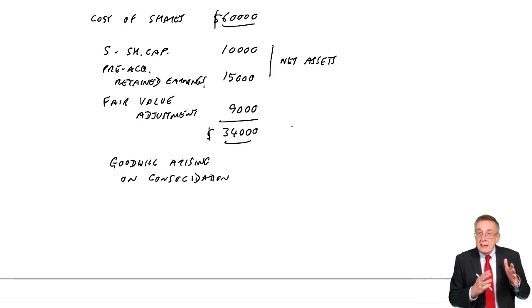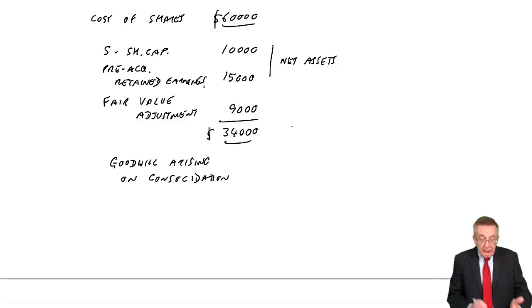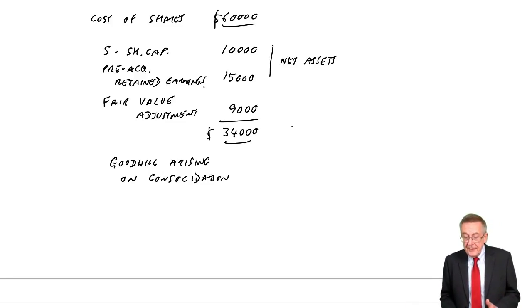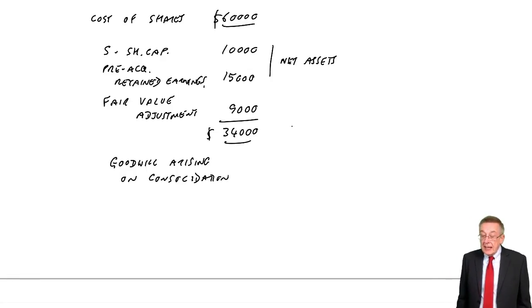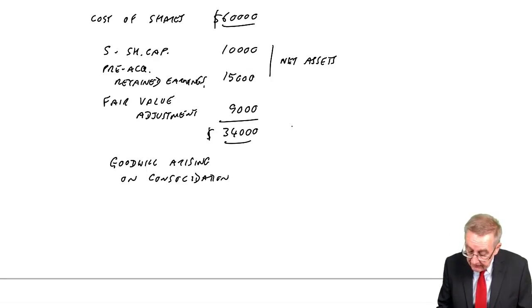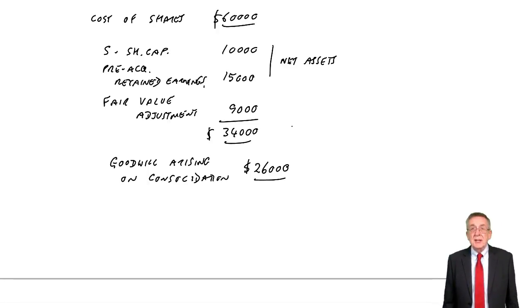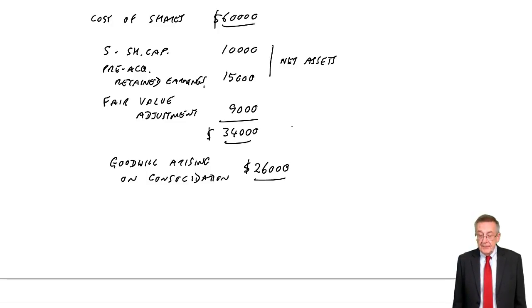It's irrelevant in the individual statements of the two companies. P and S are as they stand in the question. They're prepared exactly as normal, but when we come to show it as one big group, as one big company, then again, because P had paid 60,000 for something that only had assets of 34, the extra 26,000, the difference, is goodwill, which only appears when we come to do this consolidating.